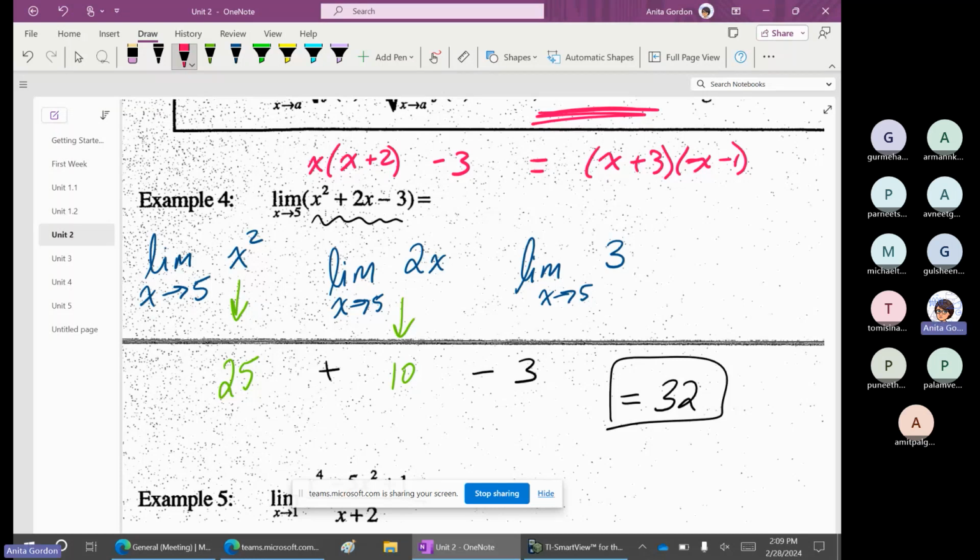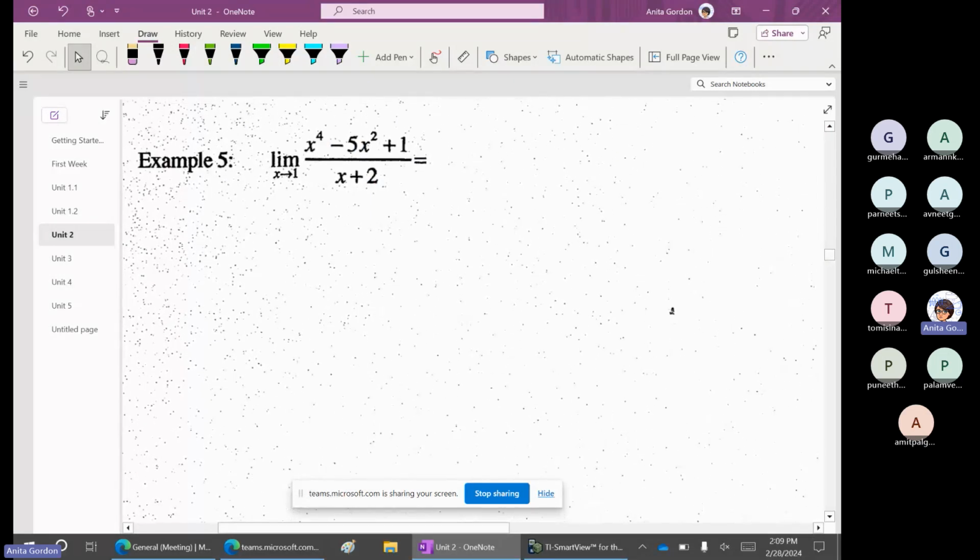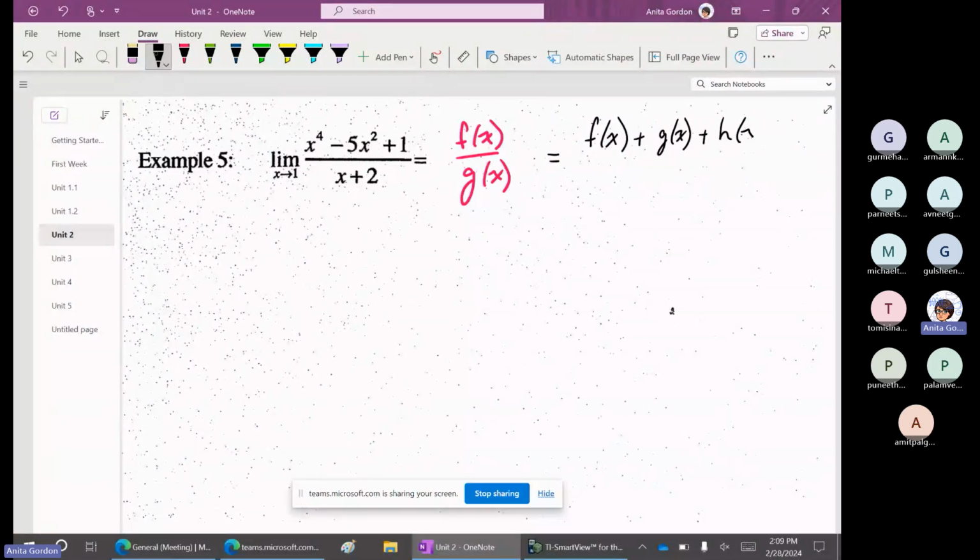Okay. Same thing with example 5. I can do many ways of doing this. The easiest way, of course, is to say numerator is f of x and denominator is g of x. Even simpler is to say, I'm going to do f of x plus g of x plus h of x all over j of x plus, what's the next letter?